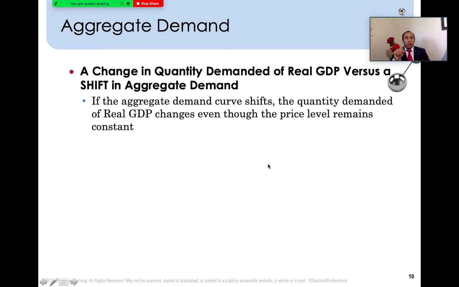If the aggregate demand curve shifts, the quantity demanded of real GDP changes, even though the price could be sticky, could remain the same, could not change, or stays fixed for a certain period of time. The real GDP can increase or it can decrease if the curve shifts.